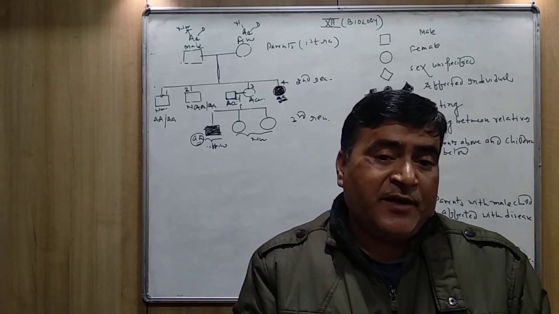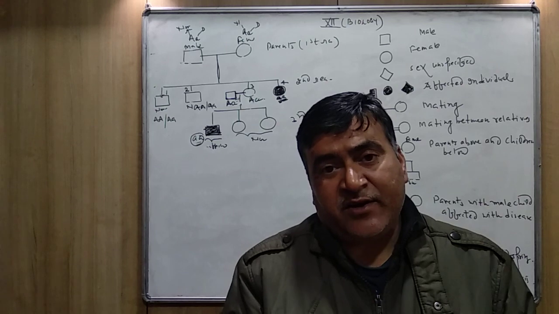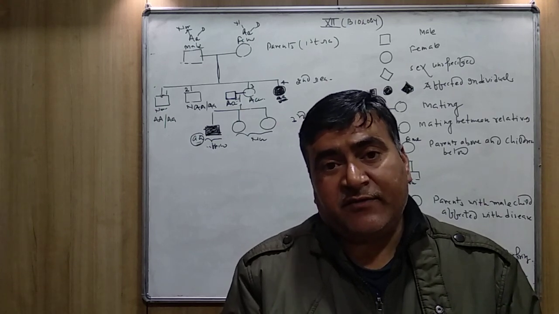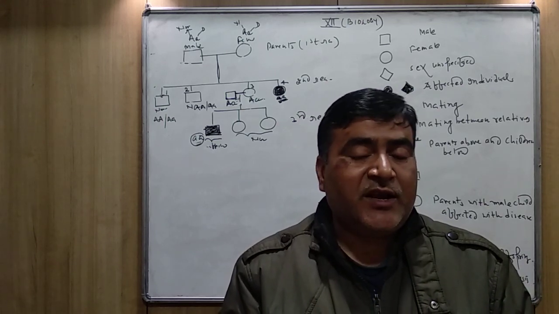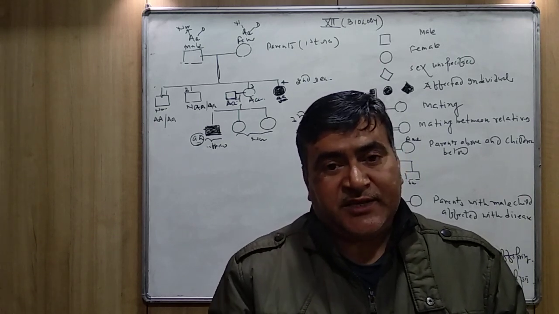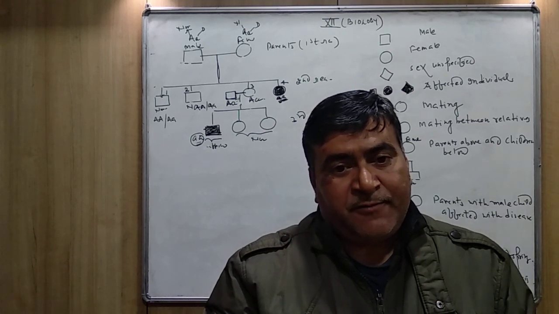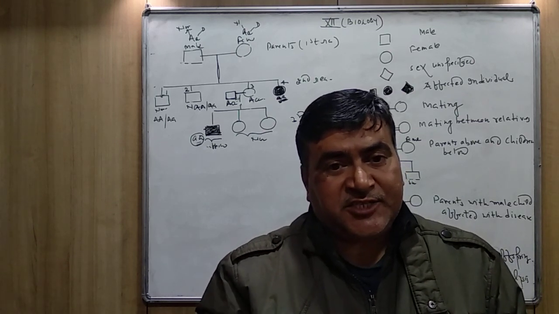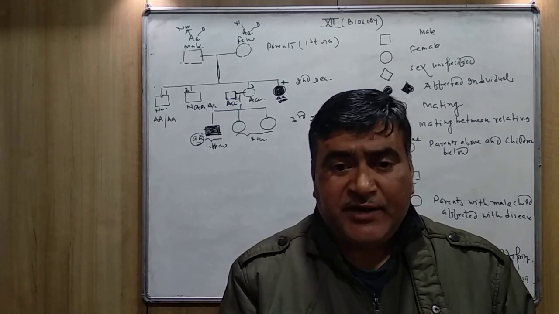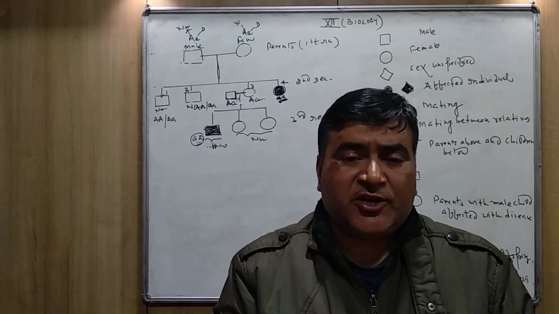Second difference, the Mendelian disorders follow the Mendelian pattern of inheritance. We have already studied patterns of inheritance, law of dominance, segregation, independent assortment, how the traits are inherited from one generation to the next and successive generations as per Mendel's law. So why is it said to be Mendelian disorders?